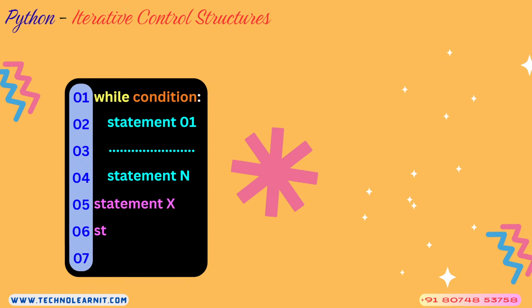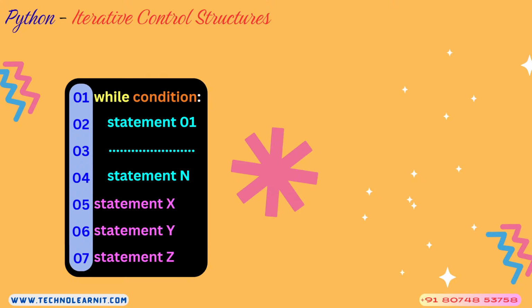Afterwards, the statements that are outside can be again left indented to the maximum possible extent. In this example, statement 1 to statement n fall under the body of while.